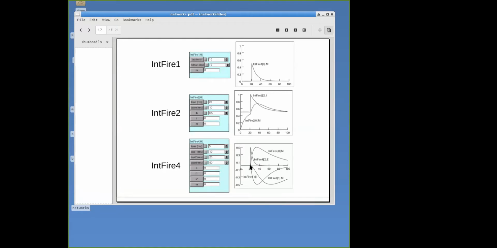If the weight is negative, IntFire4 interprets that as inhibition. And you see the effect of a unitary excitatory event or a unitary inhibitory event on this model cell. This has more interesting dynamics, more complicated than IntFire2 or IntFire1, and it approximates a single compartment model cell.